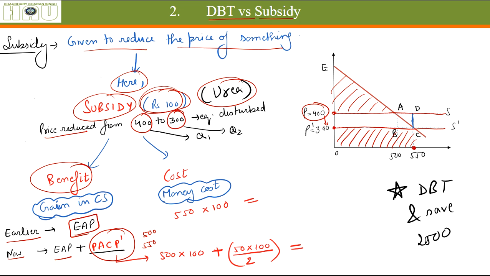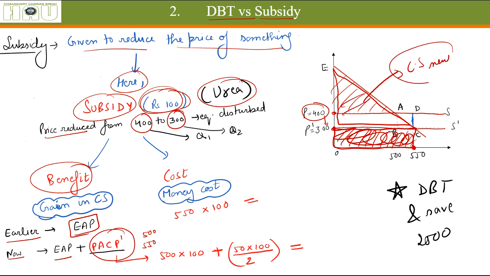The additional upper triangle is the new consumer surplus after the subsidy.